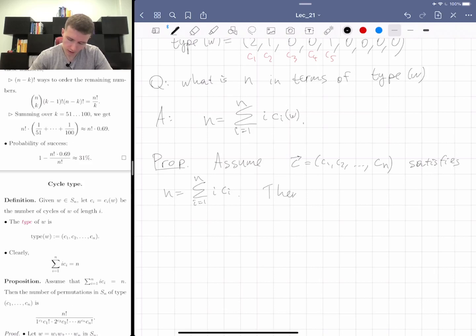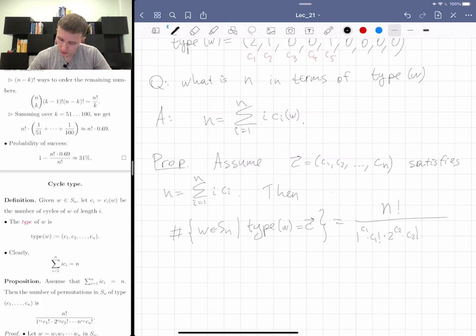Then the number of permutations W in Sn such that the type of W is equal to C is equal to n factorial divided by 1 to the C1 times C1 factorial times 2 to the C2 times C2 factorial times etc. times n to the Cn times Cn factorial. So it's a nice product formula.